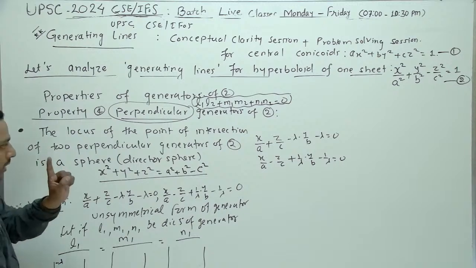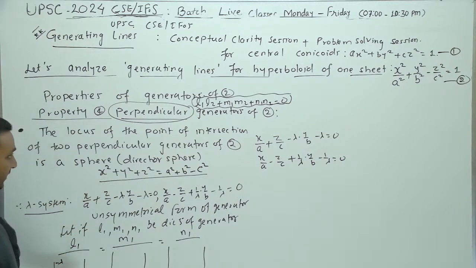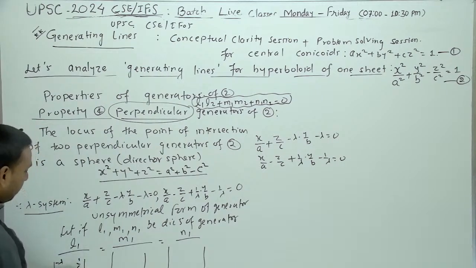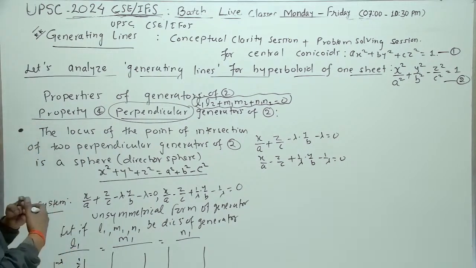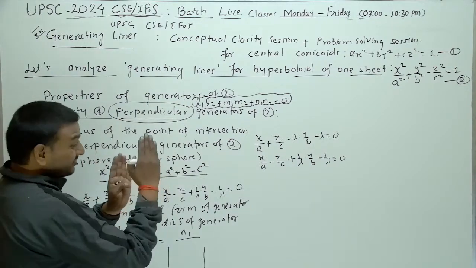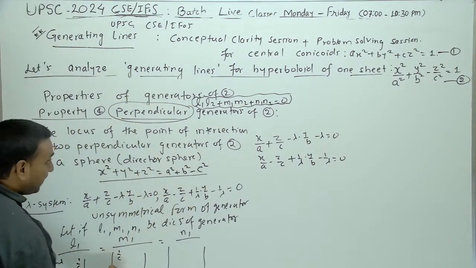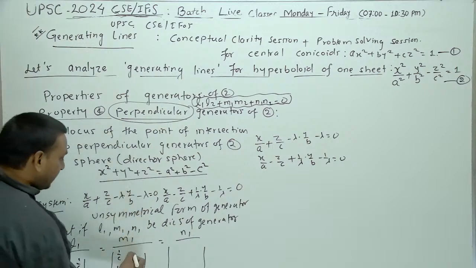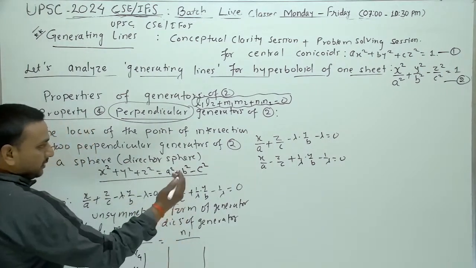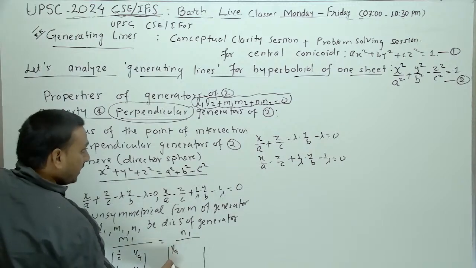Right or not? z का coefficient it is 1 by c and here it is minus 1 by c. Now I move for m1. m1 के लिए I write the y का z वाला first. So 1 by c minus 1 by c, then x वाला. Then I write n1. Here I will write 1 upon a.